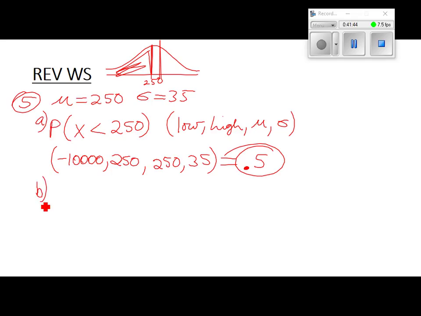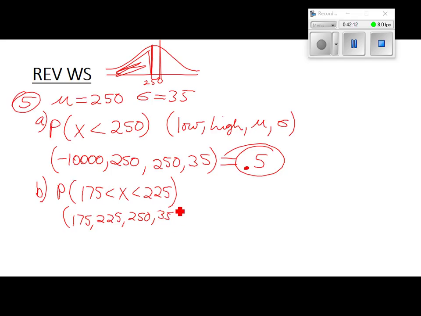B. Probability that it's between 175 and 225. What are you going to punch into your calculator? Normal CDF, 175, 225, 250, 35.